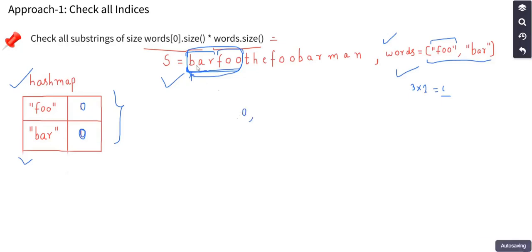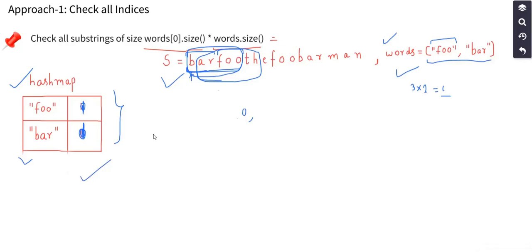Then we start the same process for the next index, that is from this character A, and we take another string of size 6. So we choose this substring now, and so on. Before we choose a substring, we must restore our hash map to the initial values. That means we must set the entries to 1 here and 1 here. This can be performed by using 2 hash maps.